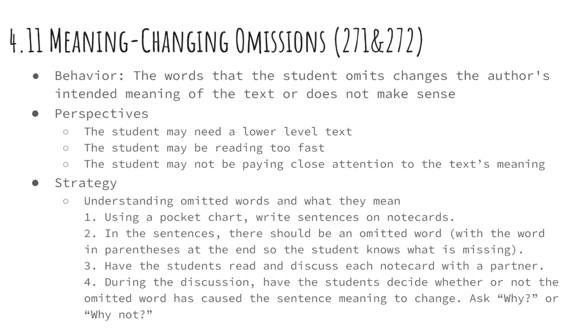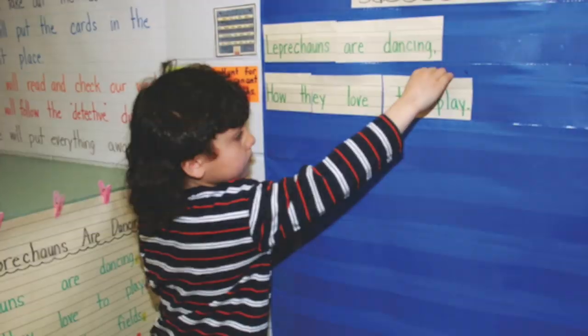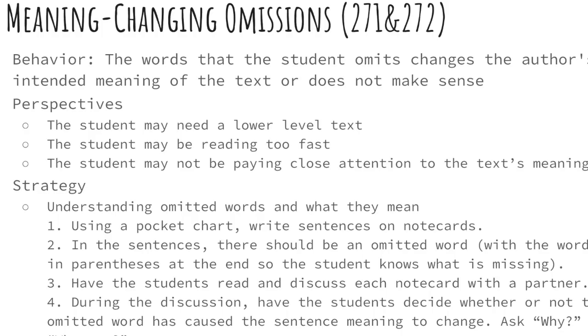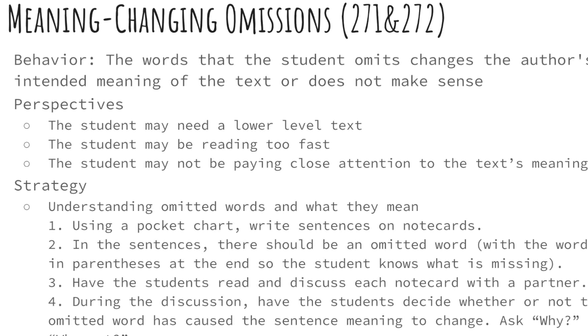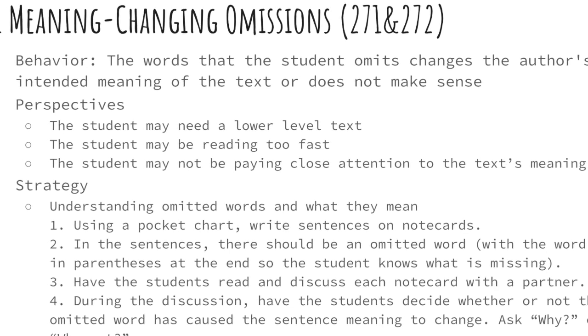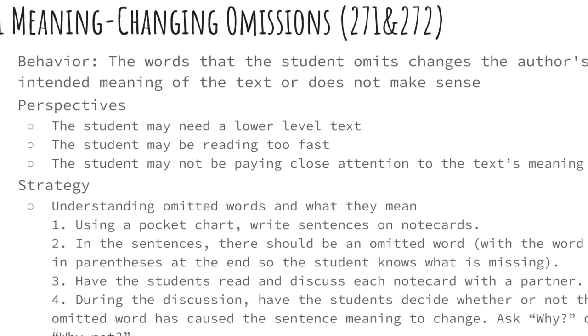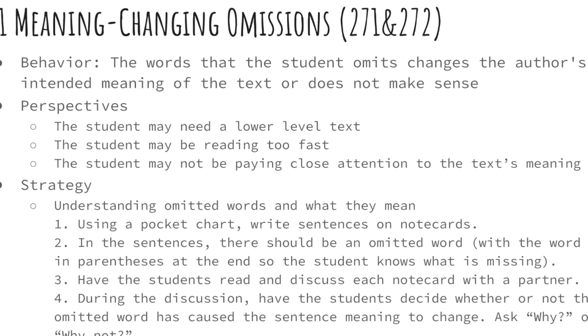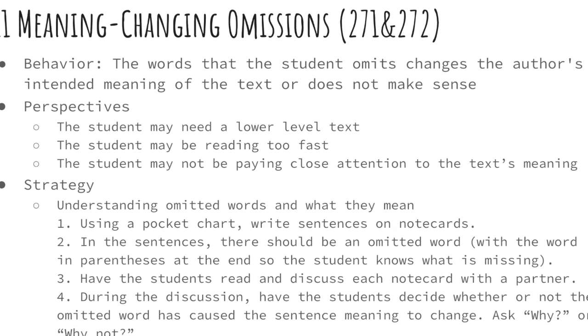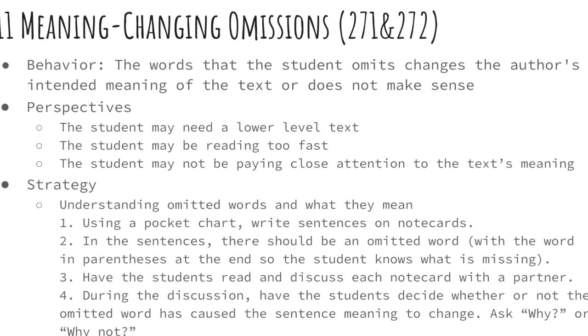A strategy that can help with students' meaning changes with their omissions is that using a pocket chart, write sentences on note cards. In the sentences, there should be an omitted word. At the end of the sentence, in parentheses, write the word so the student knows what word is being omitted. Then, have the students get together with partners.